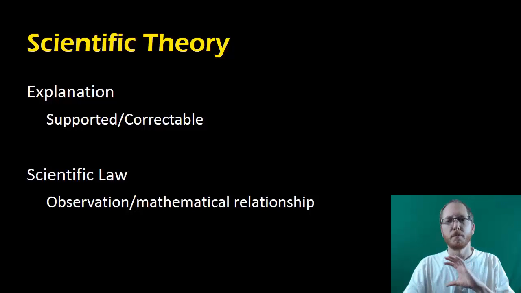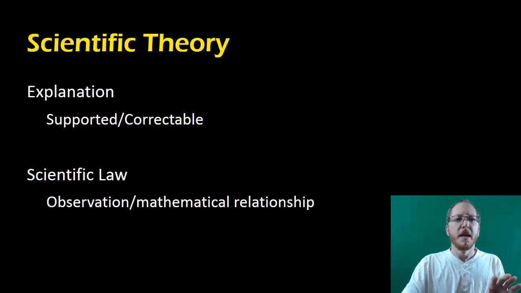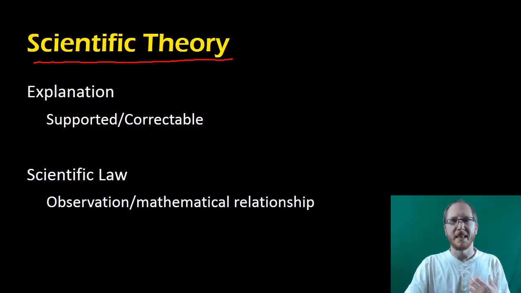But lastly, I just want to do some final definitions here. And I do this because a lot of people don't get the idea of what exactly a theory is. We've discussed a hypothesis, what that is, testable, but a lot of people throw theory around as though it's just any old idea. And in science, a theory is about as close to being completely positively true as we are able to understand as you can get. So it's going to be an explanation.